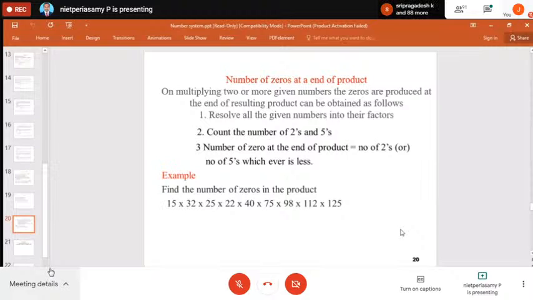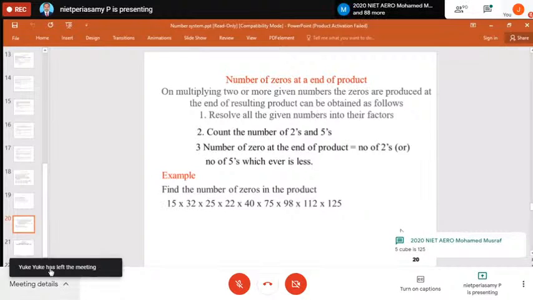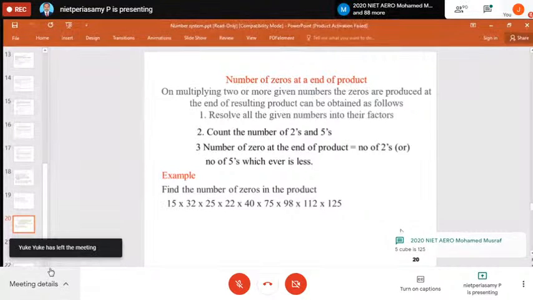How to write 112? You write the linear factors of 2s and 5s. Here 112 is written only in the linear factors of 2. Anybody tell me how to write 112 in linear factors of 2? 2 into 56.